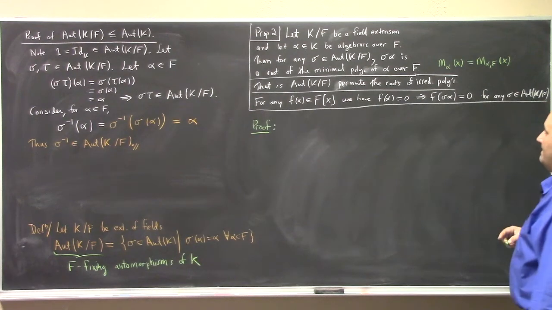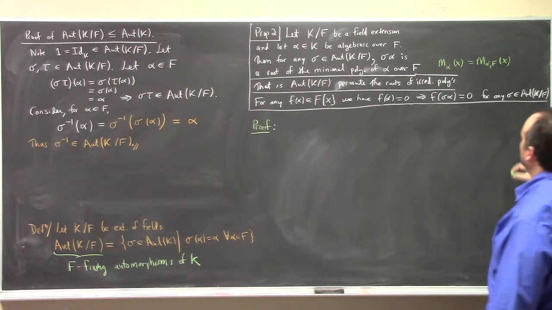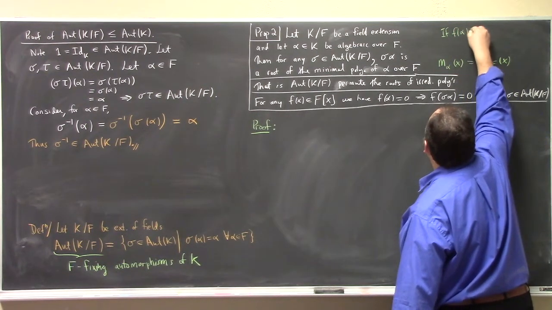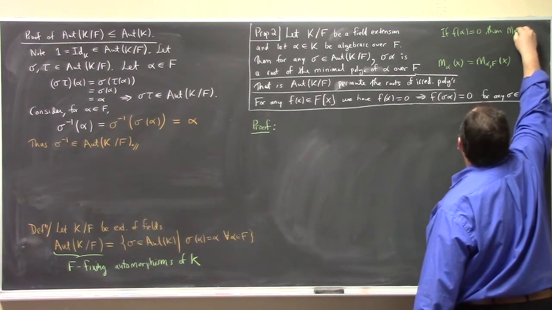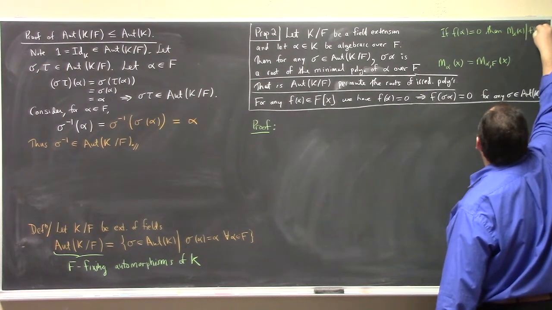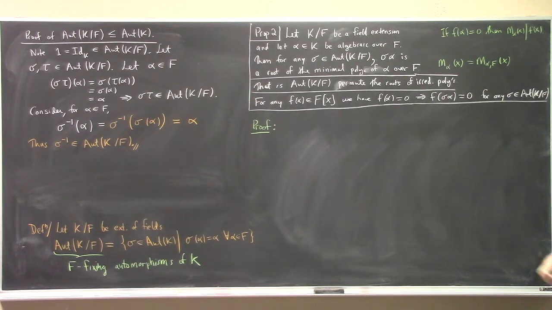And you remember Prop 9 said that if f of alpha equals 0, then m alpha of x divides f of x. Anytime you have a polynomial which takes alpha as 0, the minimal polynomial must divide that thing. Okay, these things we know.